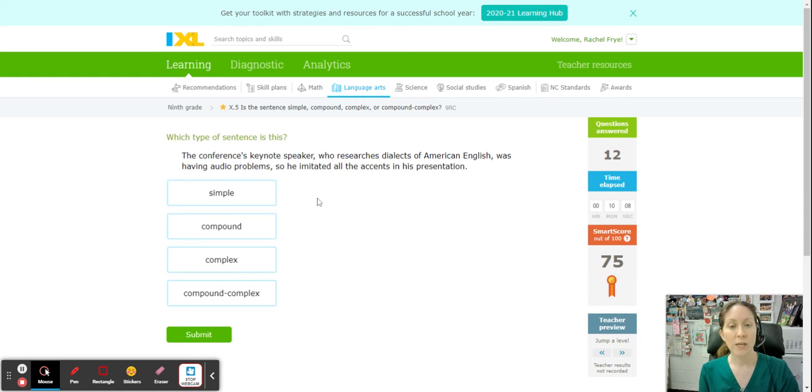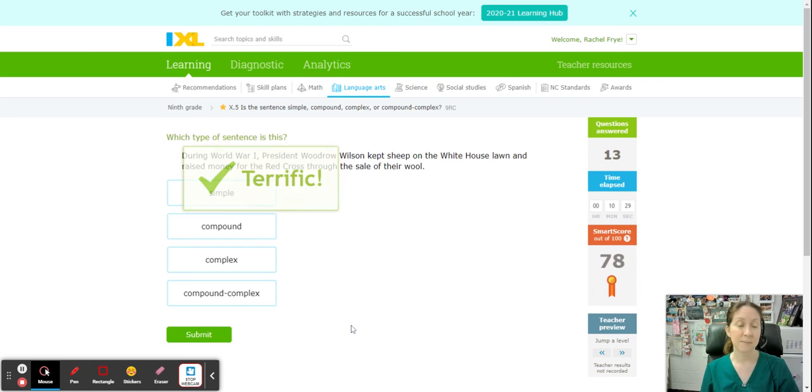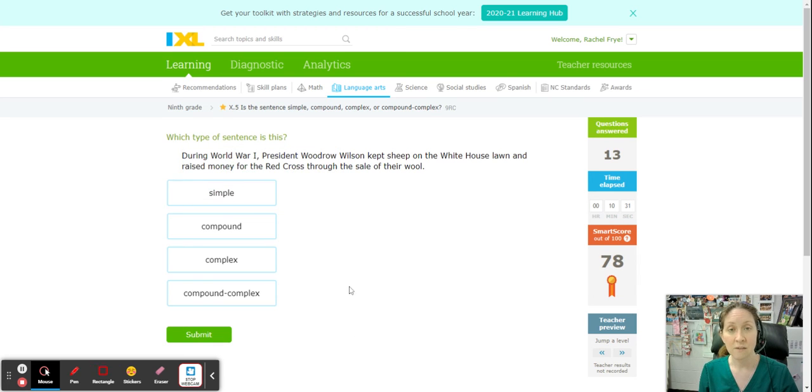When you see both a needy word like who researches dialects of American English plus speaker was plus comma so plus he imitated, that's two main ideas joined by a box with a triangle for who. That's a compound complex. And that's going to be how you take care of this IXL. If you have any questions, please do let me know.